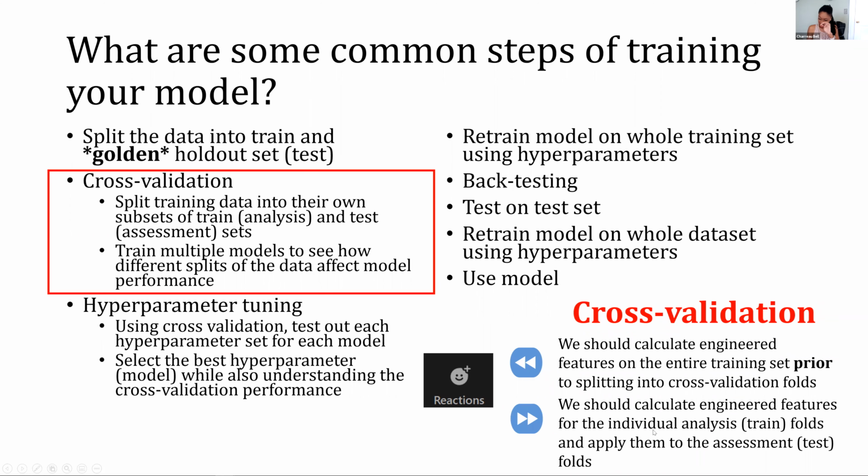Or should we calculate the engineered features on the individual analysis, so the training folds, and apply them to the assessment, so the testing folds? So is this prior to cross-validation or during cross-validation? When should we calculate the same engineered features? Back arrow for before, front arrow for after or during. No one can be suspicious now.